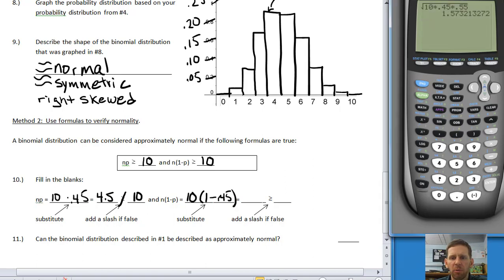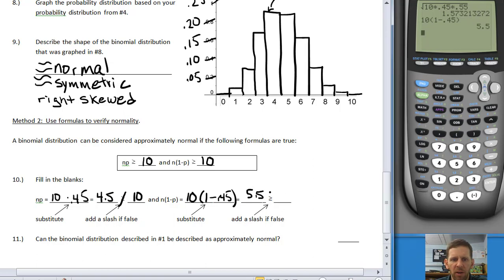If you do 10 times 1 minus 0.45, you get 5.5, and that's also not greater than or equal to 10. Both of these formulas have to be true in order for this graph to be approximately normal. So officially, this graph is not approximately normal.